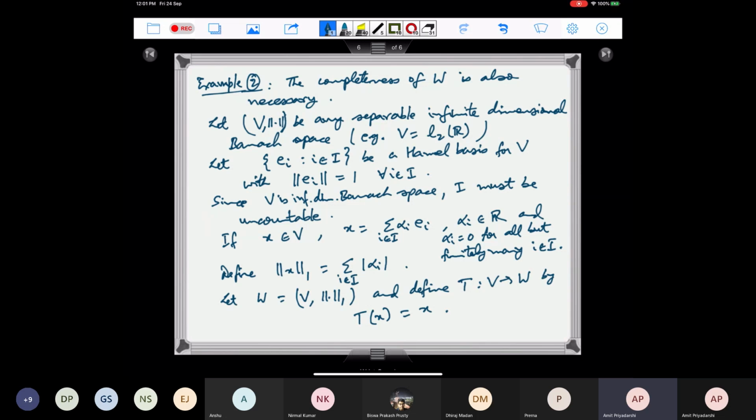Okay, so if we look at norm of Tx, it is norm x_1. Now let me define it from W to V. Let's define this from W to V, Tx equal to x.